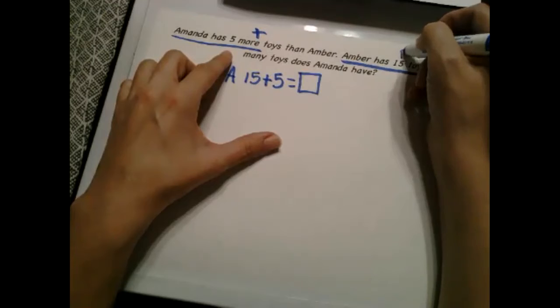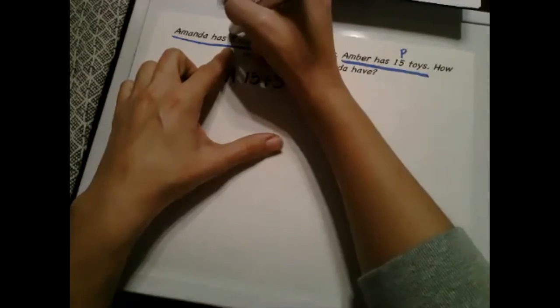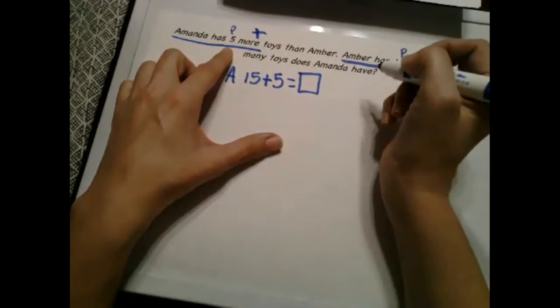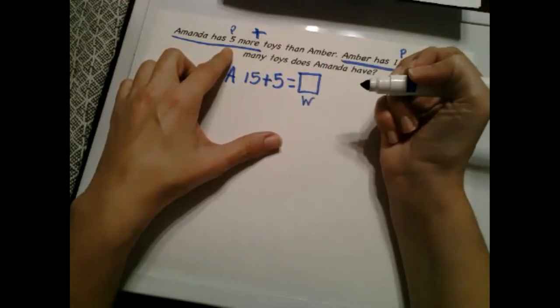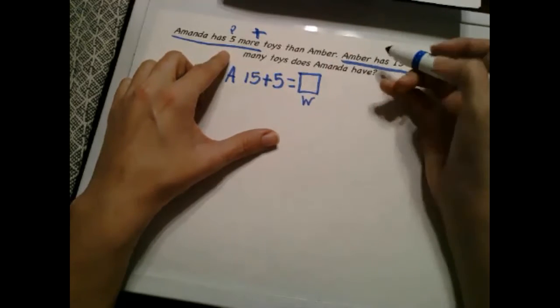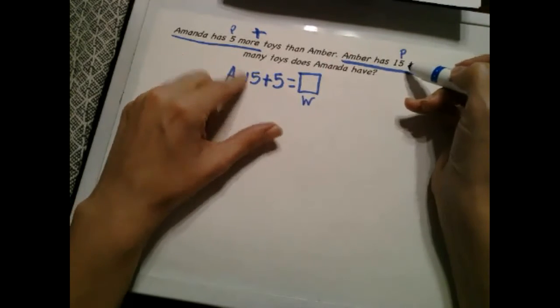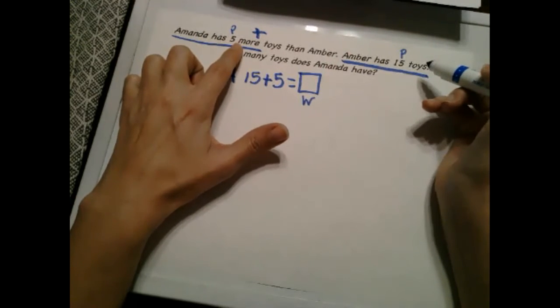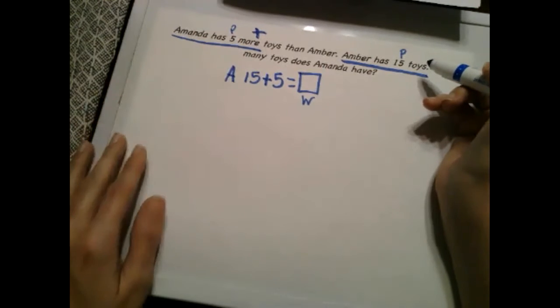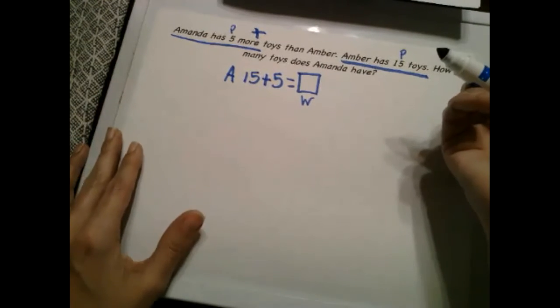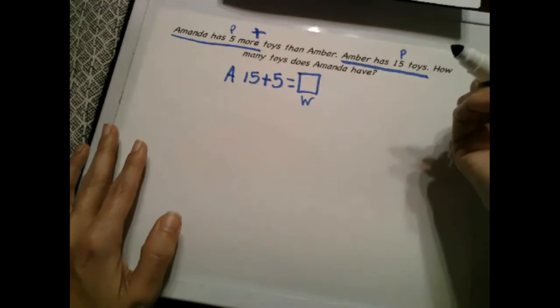So I know my part, I know my other part. I'm trying to find out my whole. I know that Amber has 15 and Amanda has 5 more than that. What kind of models or strategies did you use to help you?